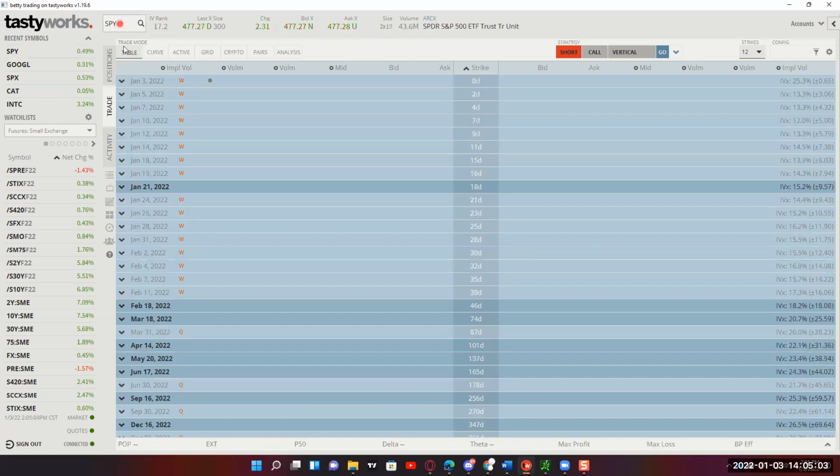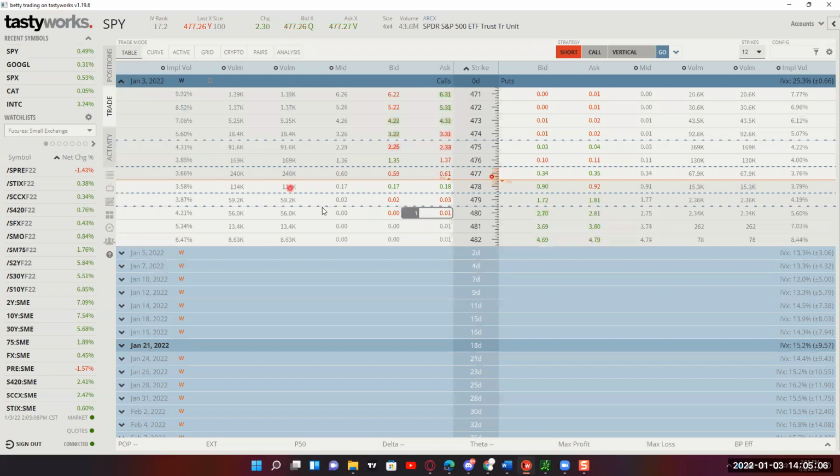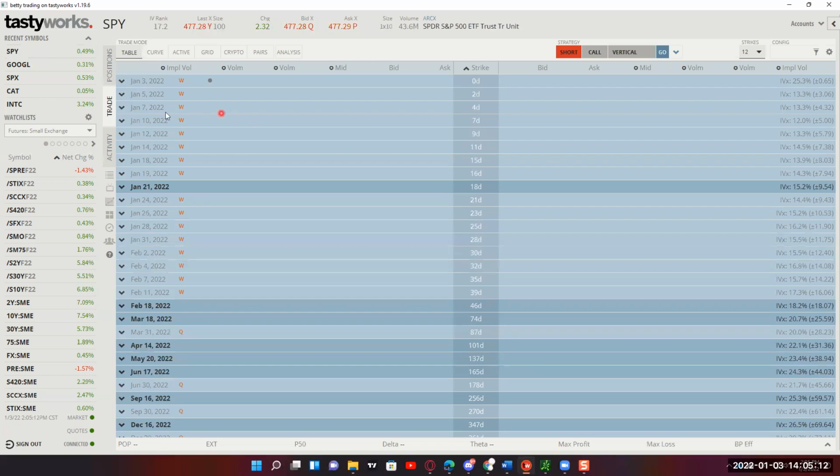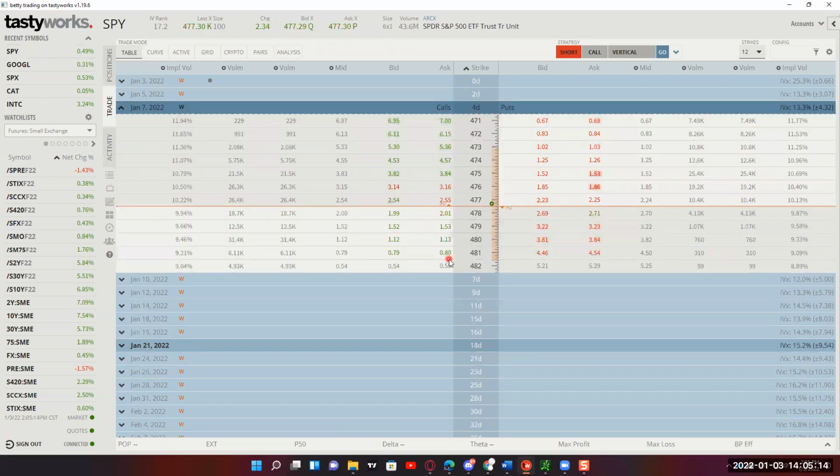Well, if you're really new to options, and heck, even if you're just new to trading, the bid-ask in here is very, very small. So let's go 4 days out. That would be Friday. And look at Friday's values in here. There's the bid, there's the ask, and here's the mid.